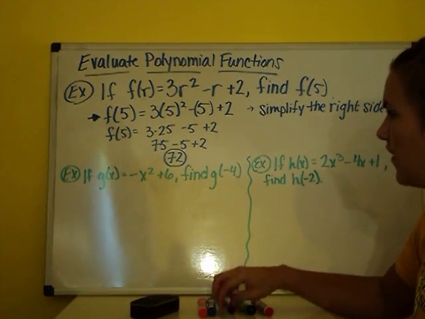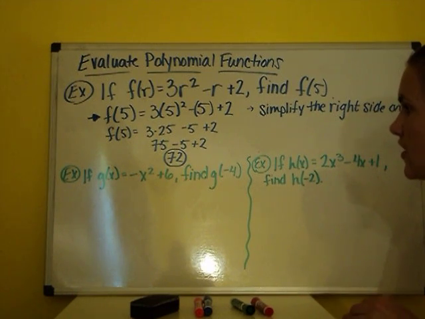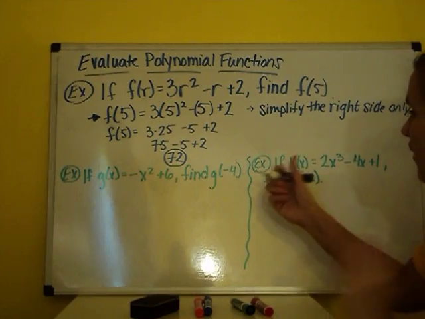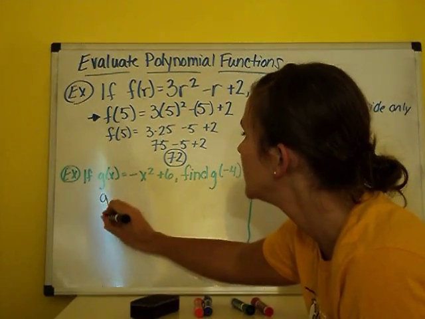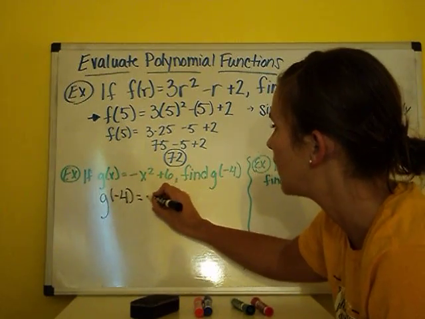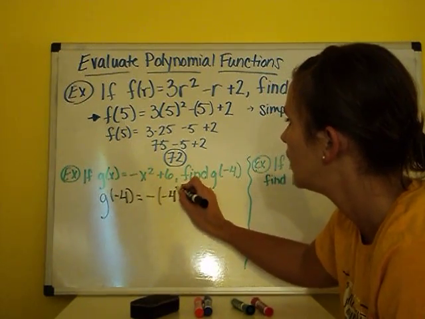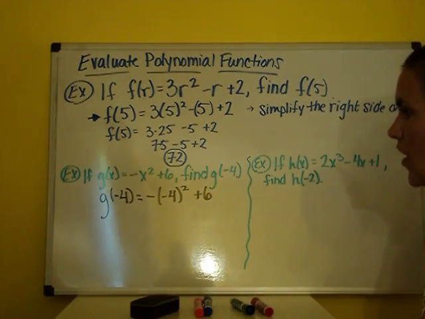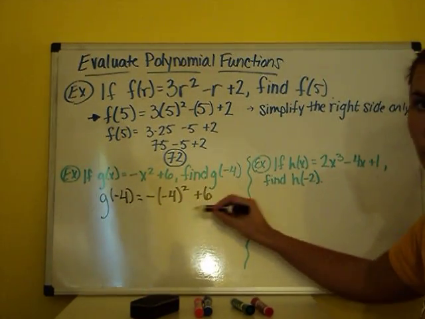Here with our g of x, if g of x equals negative x squared plus 6, find g of negative 4. So wherever I see an x, I'm going to plug in that negative 4. So I'm going to have a negative 4 squared plus 6. And then my job is to simplify this right side only.